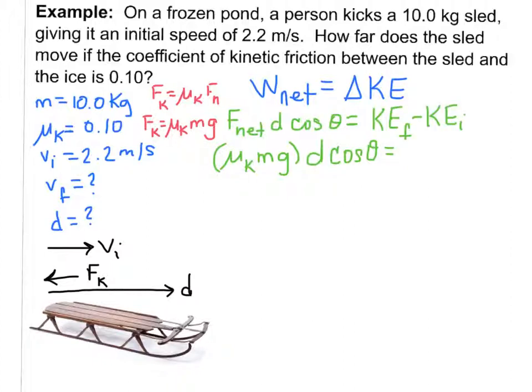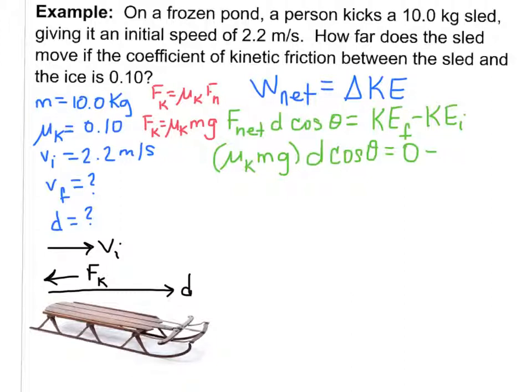I'm going to write down that the change in kinetic energy is equal to the final kinetic energy minus the initial kinetic energy. And the reason I want to do that is that I know my final kinetic energy is going to be 0 because the sled does come to a complete stop. So because of that, this value will be 0 minus the kinetic energy initial.